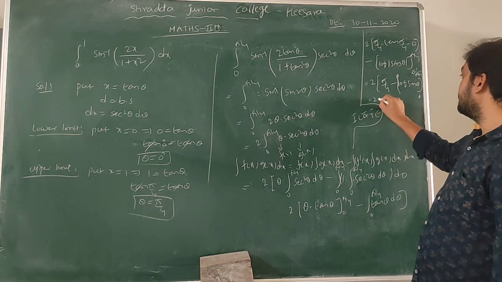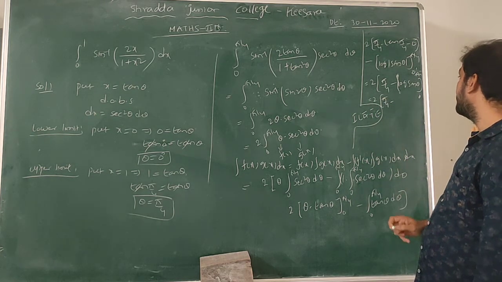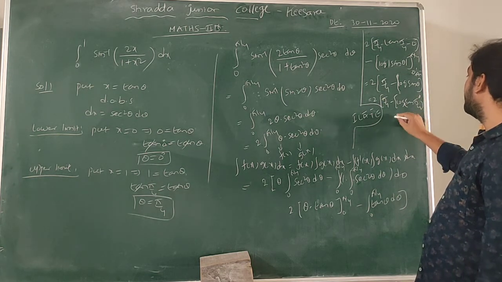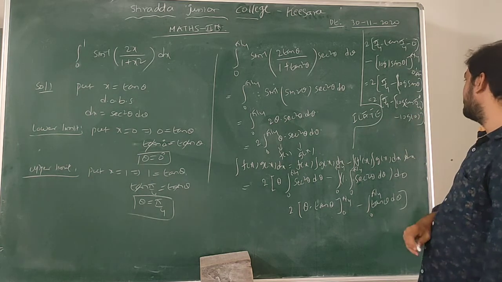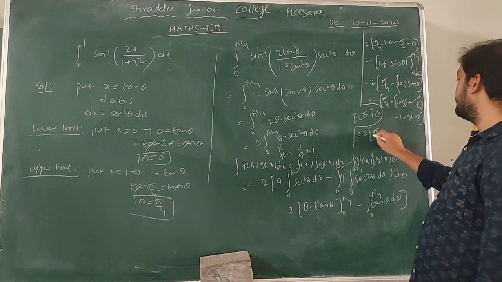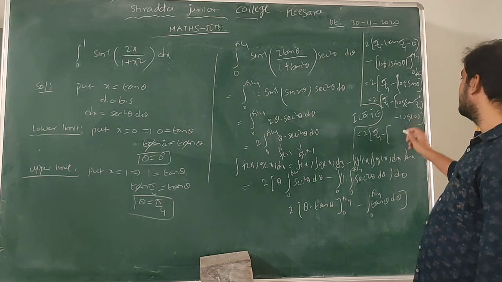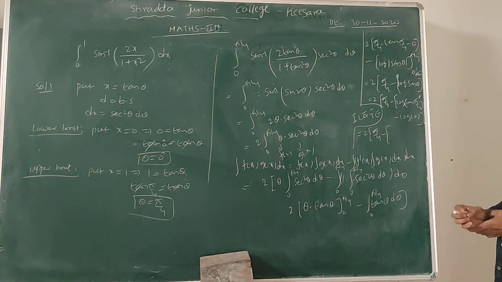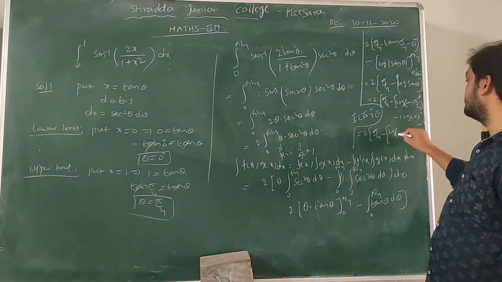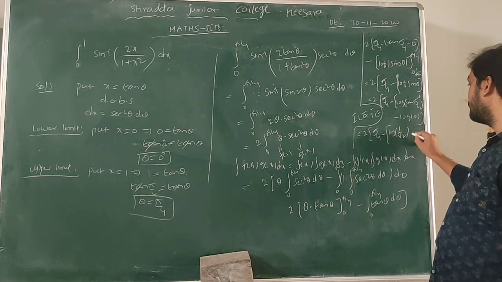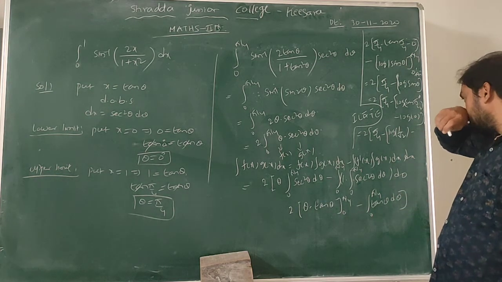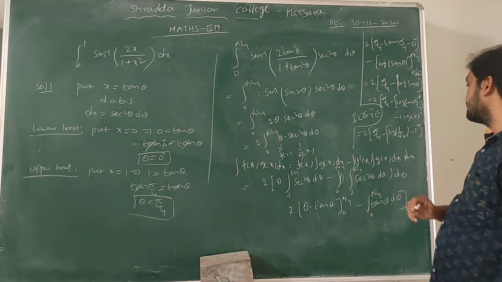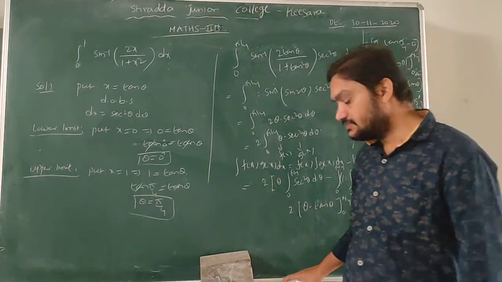So this equals 2 into pi by 4 minus log of sin pi by 4 minus log of 0. What is sin 45 degrees? That is nothing but 1 by root 2, minus, this is 1. So now see what we are getting here.